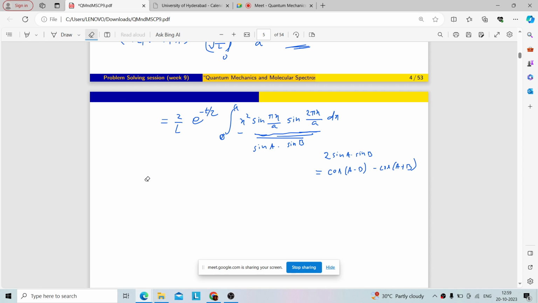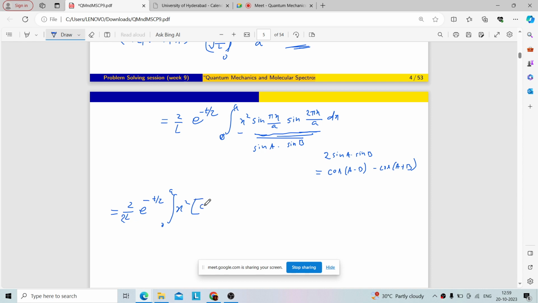So let me take this as 2 over L e to the power minus t over tau, and this integration 0 to A of x squared. As there is no 2, we have to divide by 2, so I am taking this 2 outside.